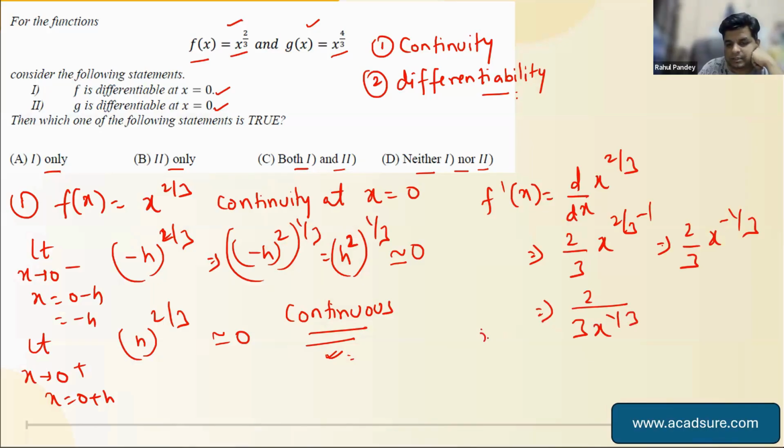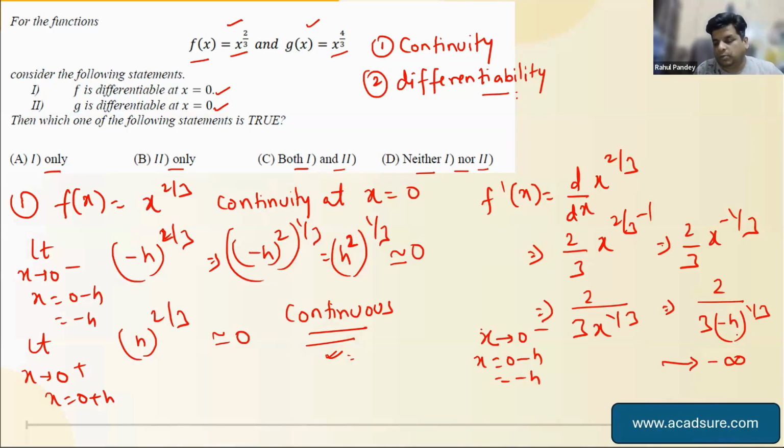Now when x is tending to 0 minus, or x = 0 - h, which is -h, we get 2 upon 3 (-h)^(1/3). This is tending to minus infinity because a very small negative number in the denominator, power 1 by 3, will still be a negative number and will tend to minus infinity. So the left limit of differentiation is minus infinity.